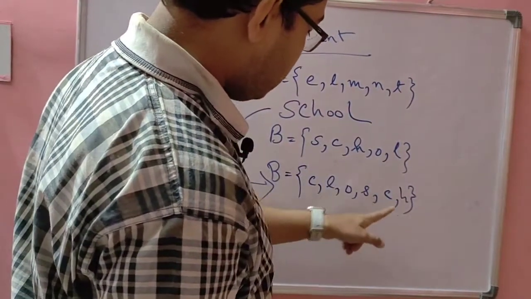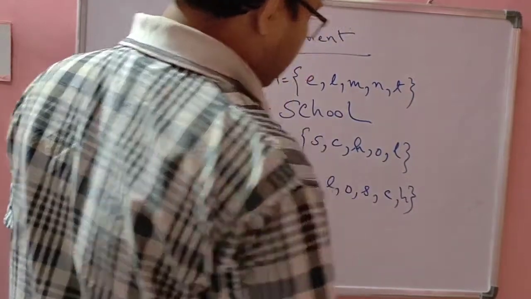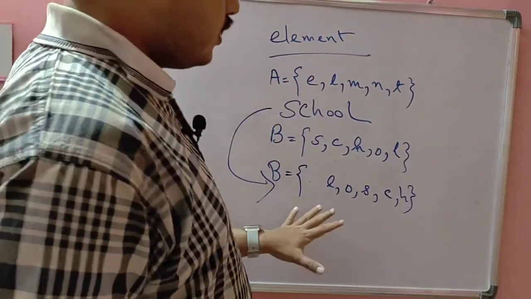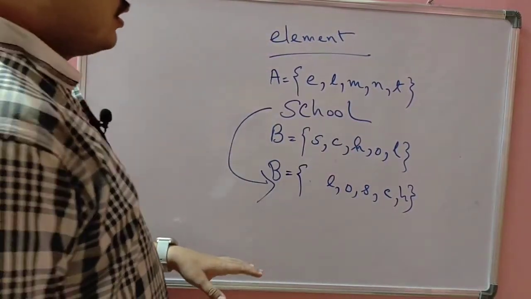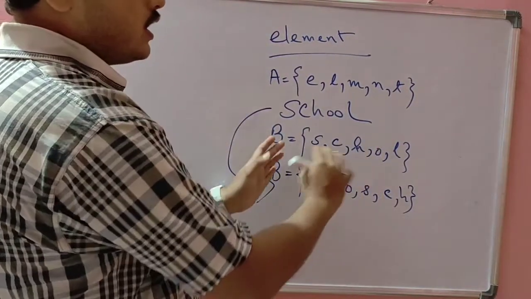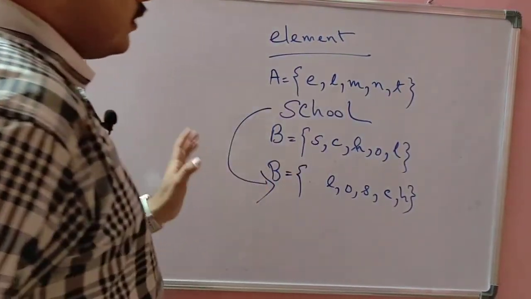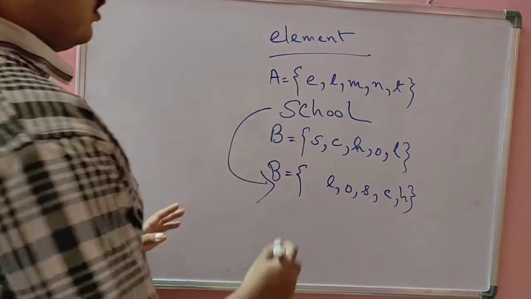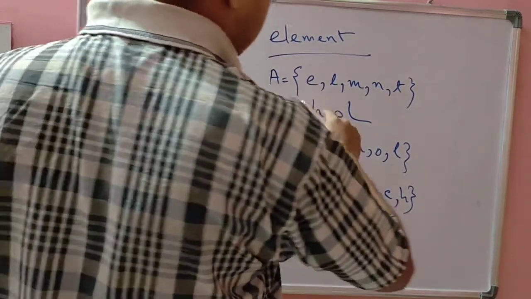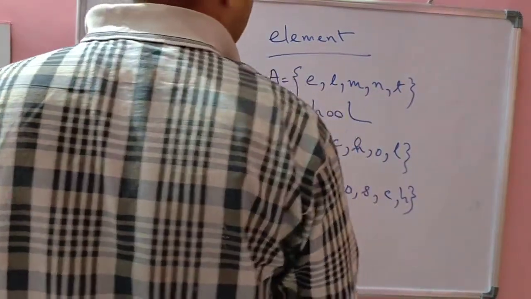If we write it like this, there is no difference between these two sets. Why? You can rearrange the elements of the set, and you can also skip the repeated elements. This is how we represent sets.